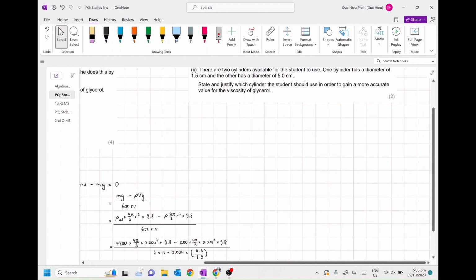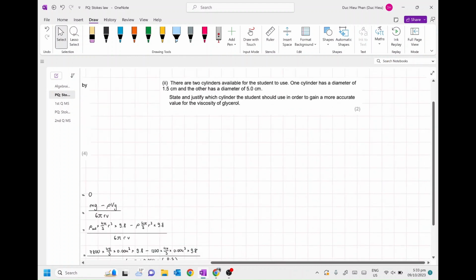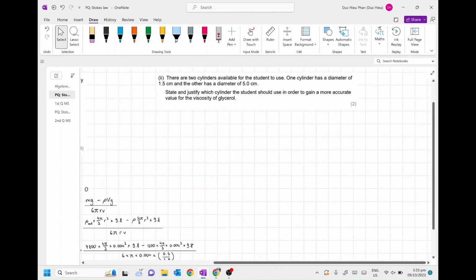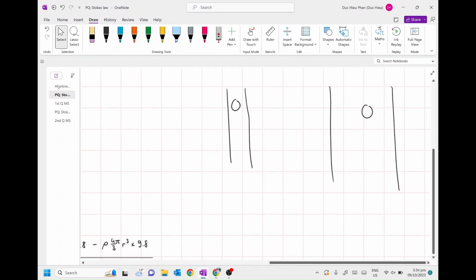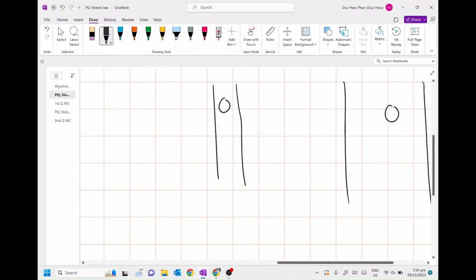So a quirk of all these Stokes law questions is that they really care about laminar and turbulent flow. So if you imagine you had a small cylinder like this, relative to a big cylinder like this, you're going to have the ball here, right? The ball is the same size. But in the small cylinder, there's going to be kind of turbulent flow, right?